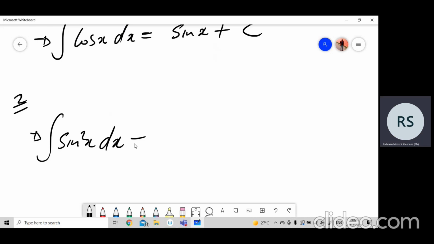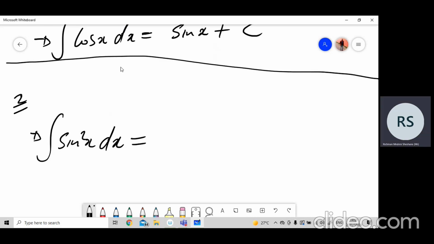This is the question. Do we have a standard form or standard integral of sine squared? No. So we make use of these identities. They'll be given to you.